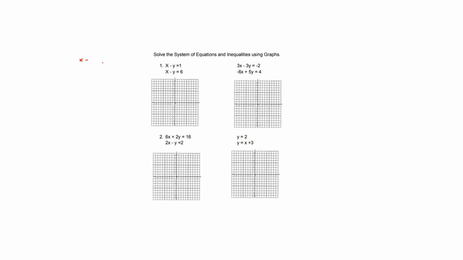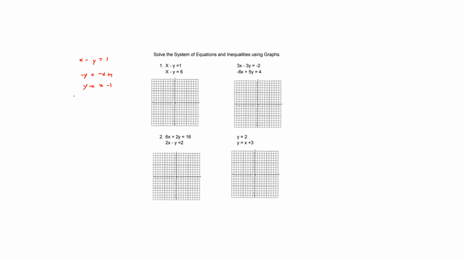So for x minus y, excuse me, equals 1, subtract x on both sides, and then divide both sides by negative 1 to isolate the y, and get your nice, easy slope-intercept form.